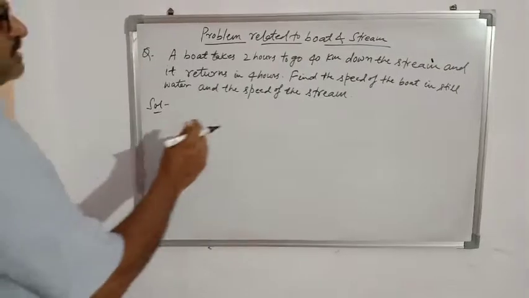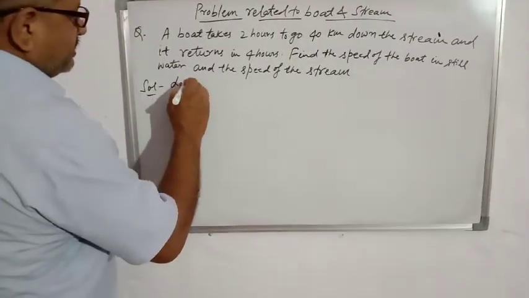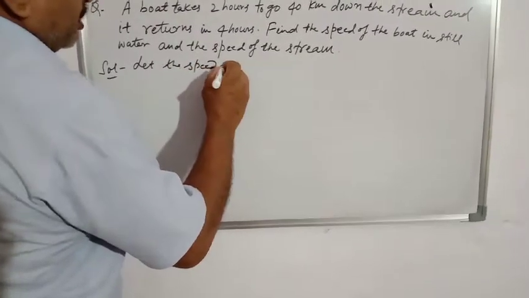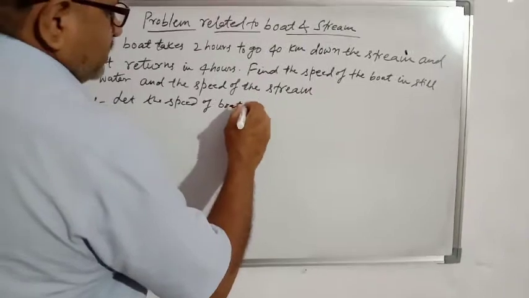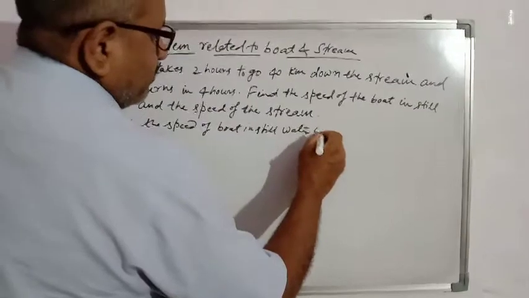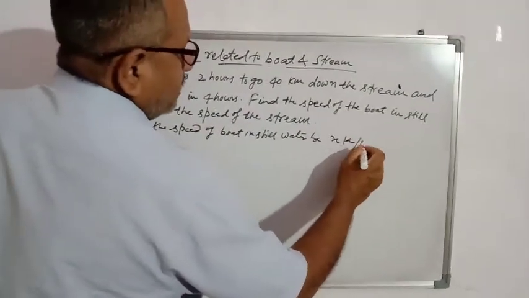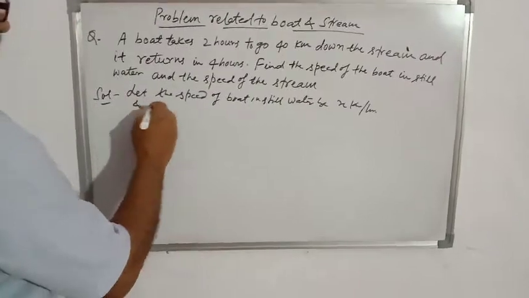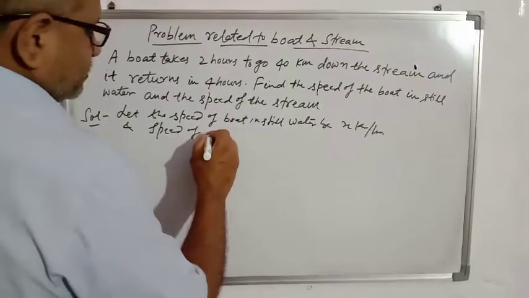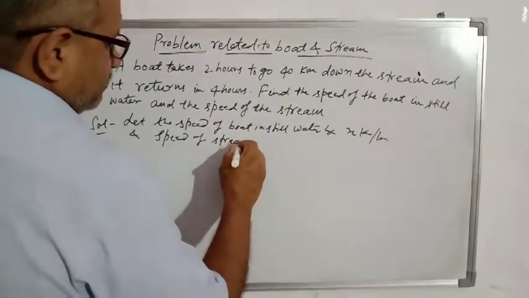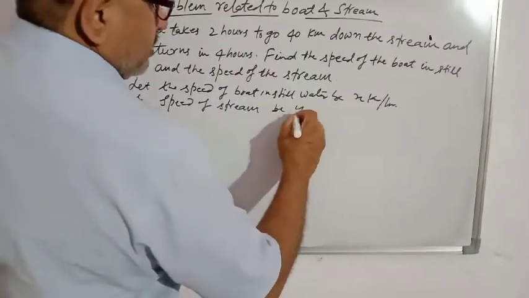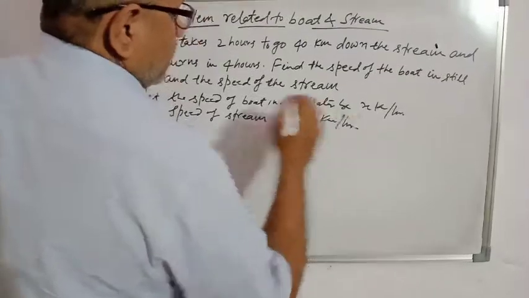So firstly we will suppose, let the speed of the boat in still water be x km per hour, and the speed of the stream or current be y km per hour.